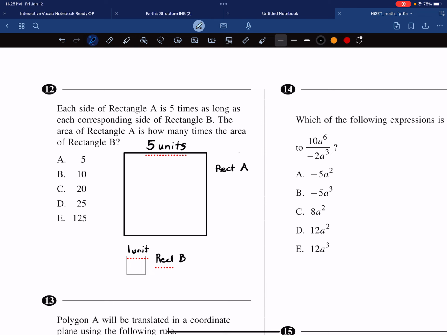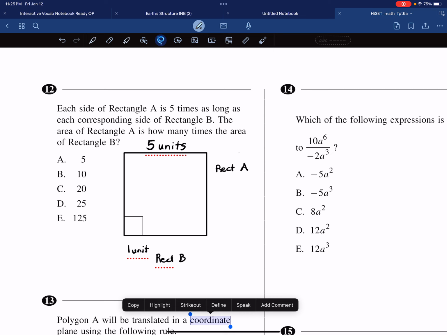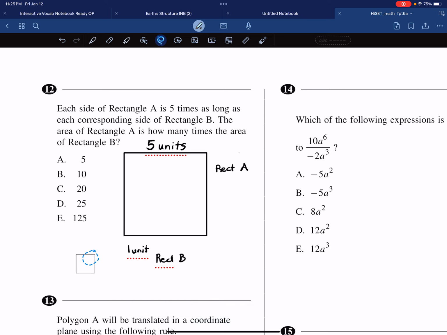So, what would happen if I took these little squares and started stacking them in here? Let me try. I'm trying to illustrate it and it's not working. So let me see if I can make a copy of this.